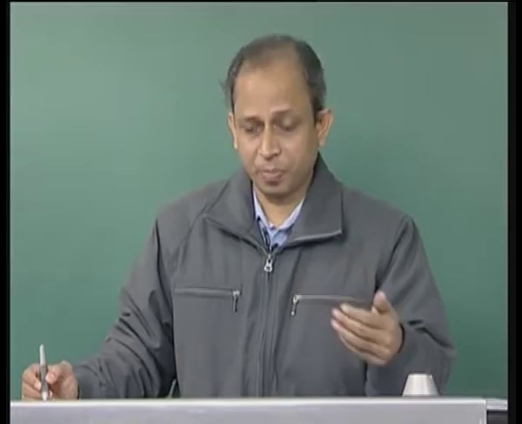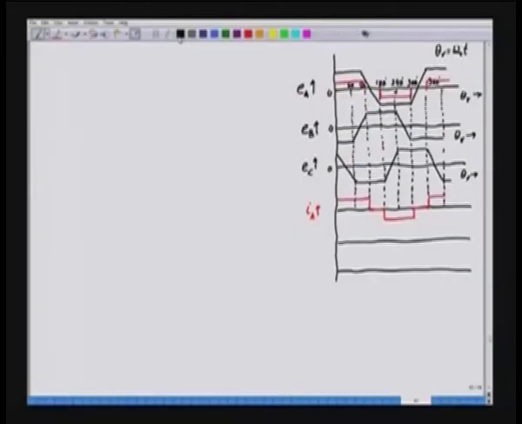Similarly, we can draw the current for phase B and phase C. These are the 60 degree intervals that we have. For phase B, we have this IB, which will have this nature: positive here, then 0 here, and then negative here.